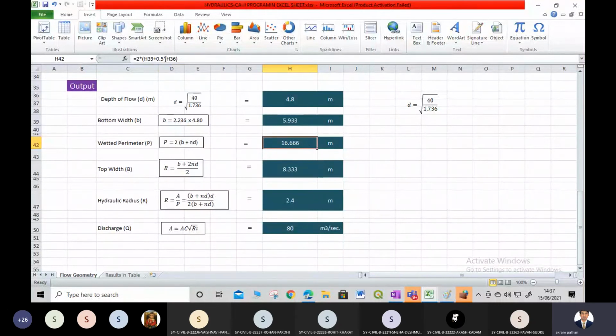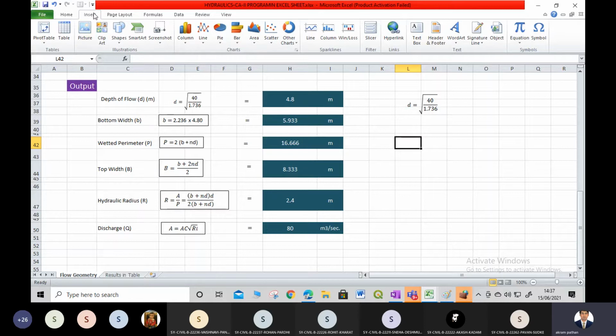So into 0.5 into D, we have calculated D, so you will get 16.667.